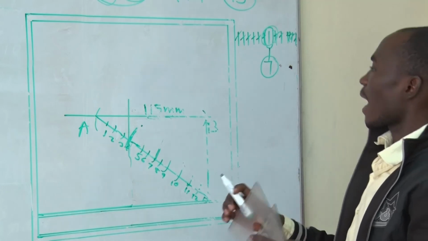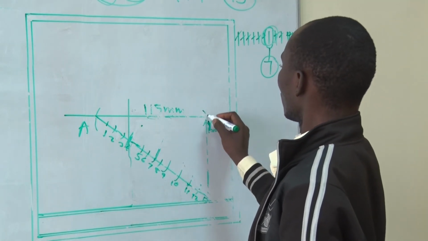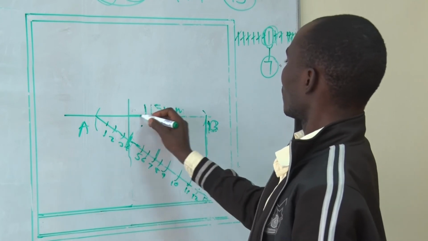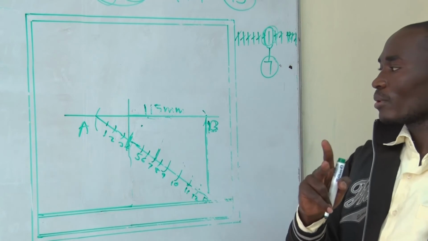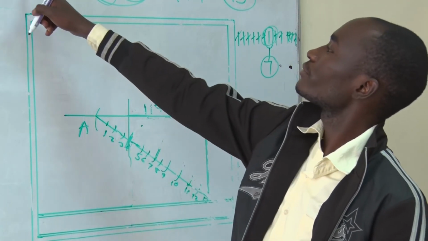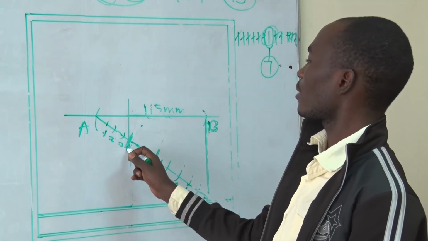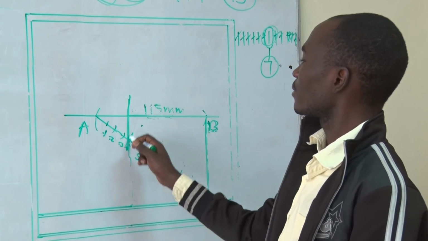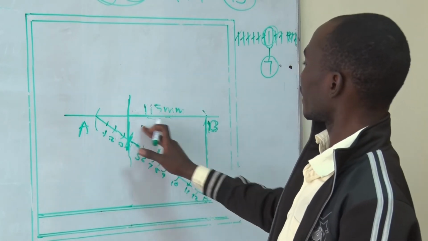So for instance, I've divided this line. Now I've divided line AB into 2 proportions. So you can see that we have the ratio of 4:9. So we have 1, 2, 3, 4, up to where we have our mark. That is 4. Then 9, these are the proportions that should be carrying 9.